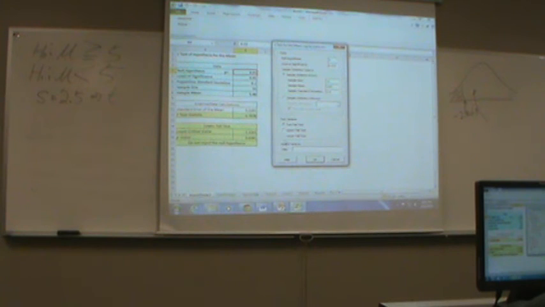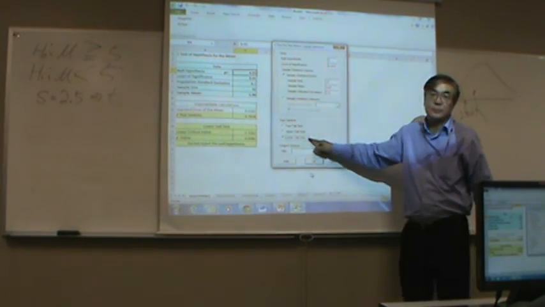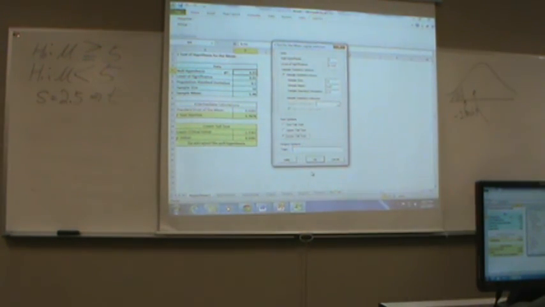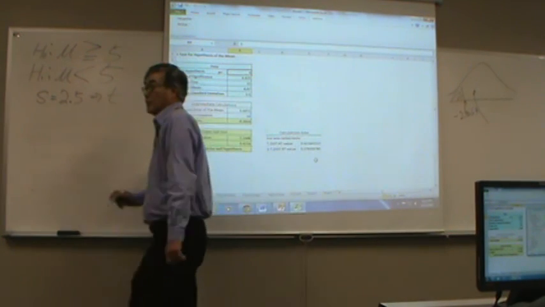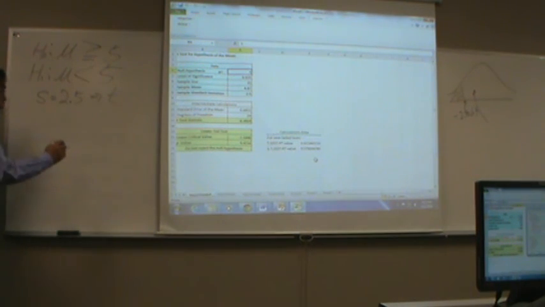Lower tail, then OK. Easy and fast if you determine the right one.